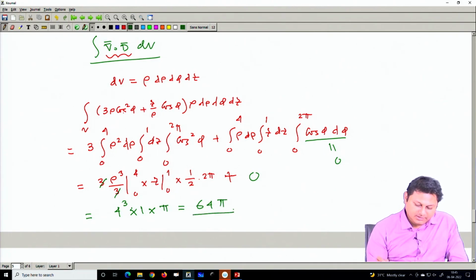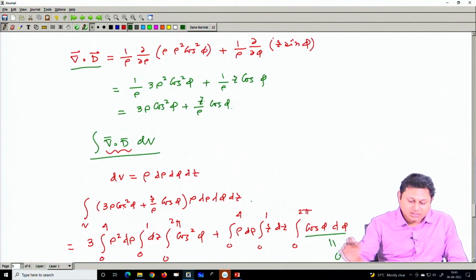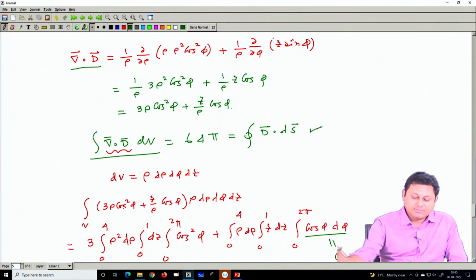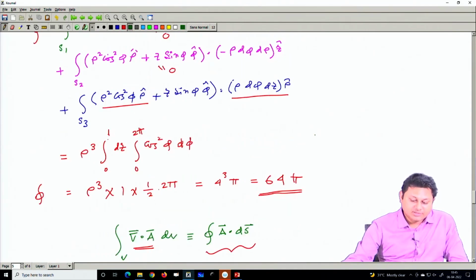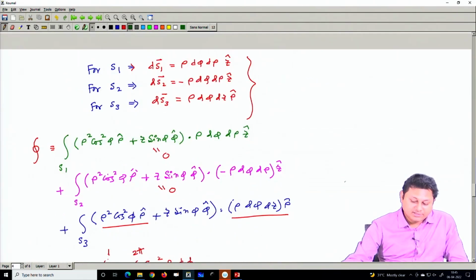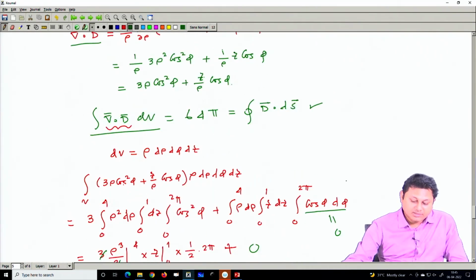So, this is the same result we got earlier. So, this value I calculate, 64 pi, is equal to this quantity D dot dS, which establishes the divergence theorem. So, we can show that the divergence theorem is correct. We verify the divergence theorem here.